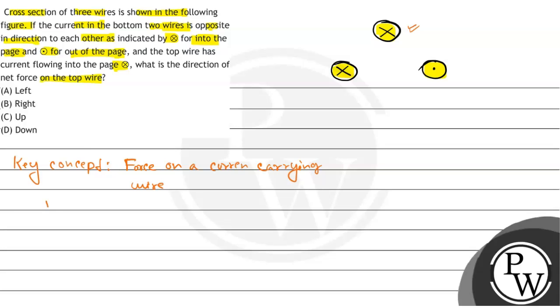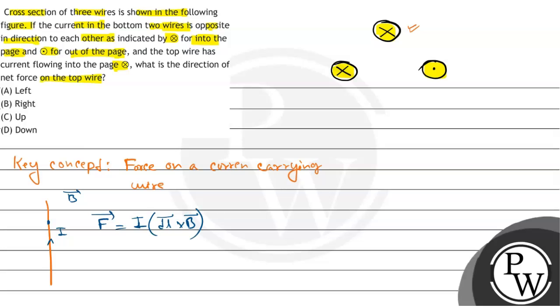So let's say we have a wire and the current flowing through it is I. Then the force on this wire will be equal to I into dl cross B, where B is the magnetic field and dl is the small length element in the current carrying wire.